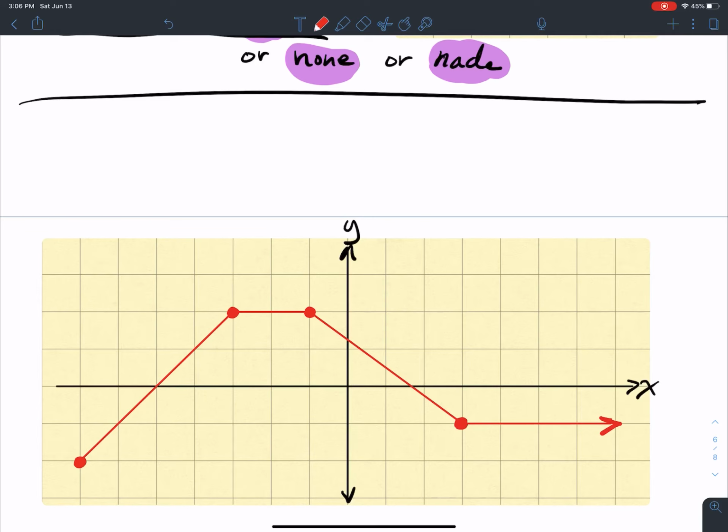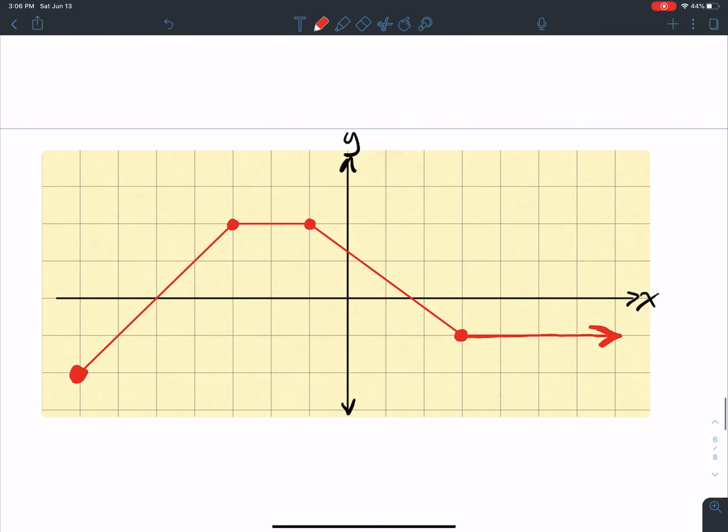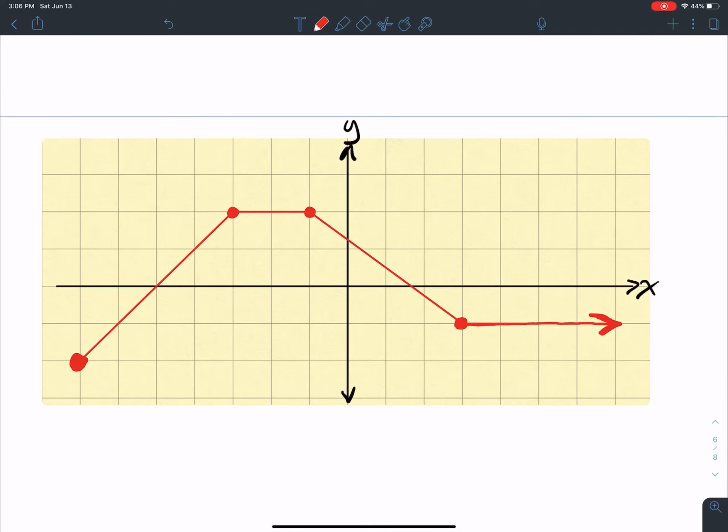Okay, and we'll have an arrow going that way. So we start here and there's no arrow, right? And then this goes forever in that direction there. So what I want to know is, where is it increasing? Where is it decreasing?